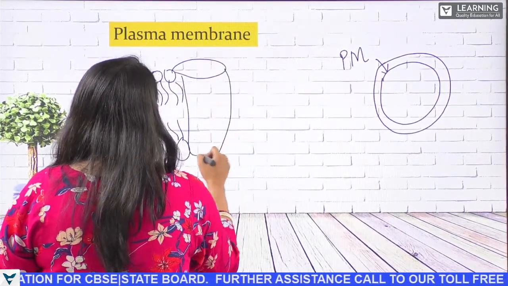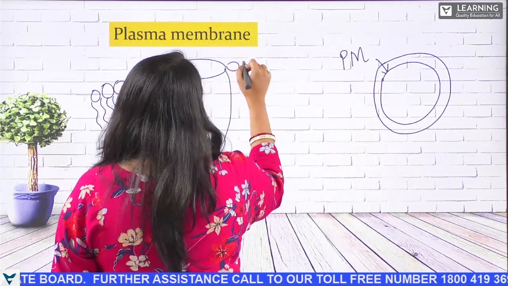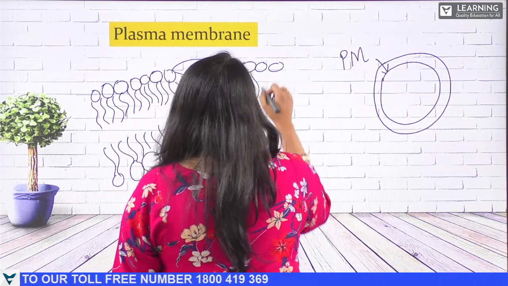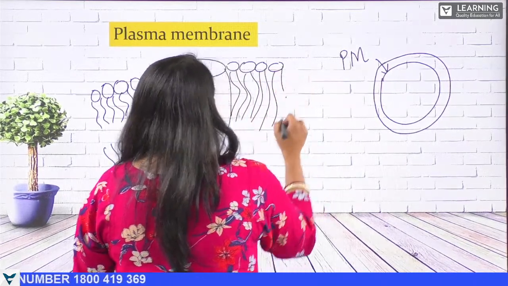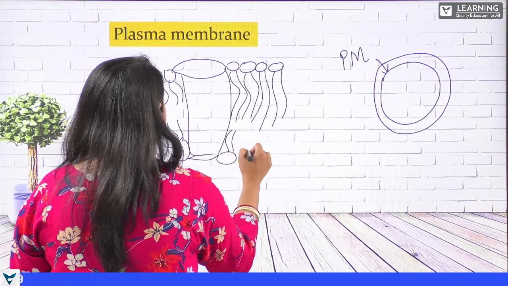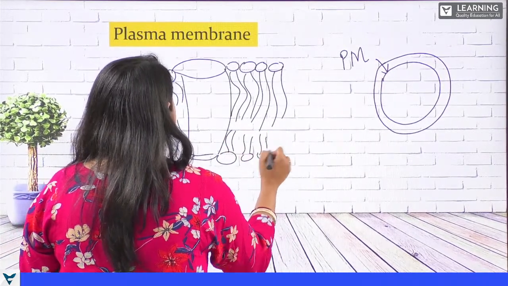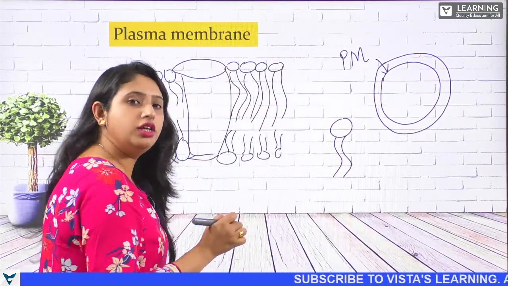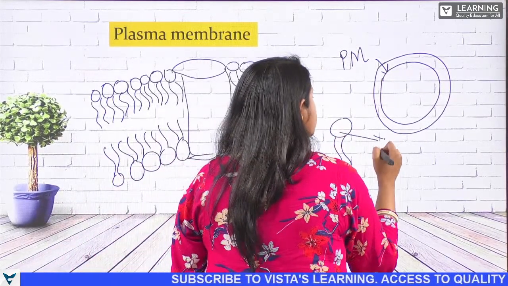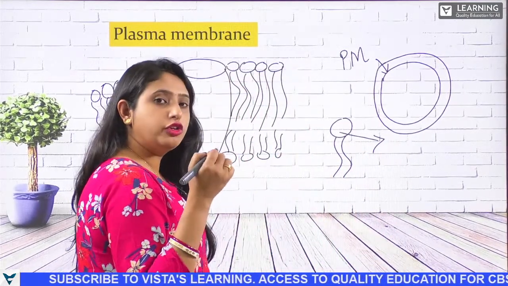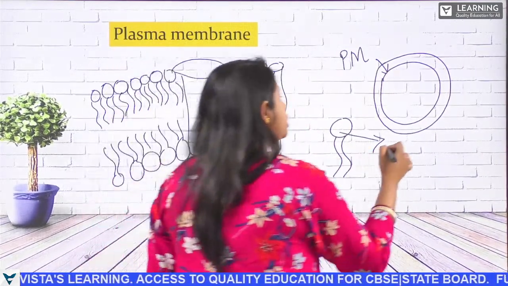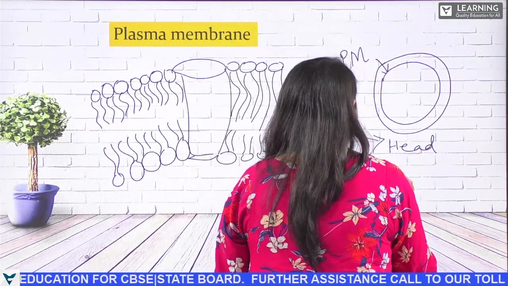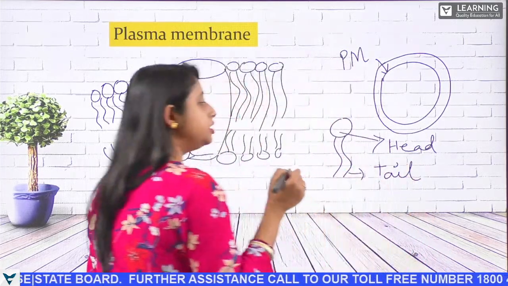As we have learned, it has integral and peripheral proteins. This is how the plasma membrane looks. This is a phosphate group, made up of phosphate. This is the head and this is the tail.